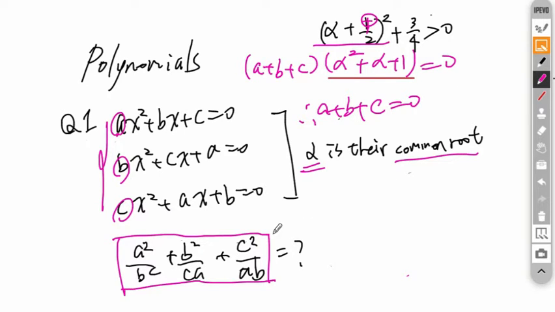So let's simplify the thing that they want to solve. We can simplify it into this form: a cubed plus b cubed plus c cubed all over abc. If we use some of the things that we've learned in the factorization videos, you can clearly see that we can change this into something like this.